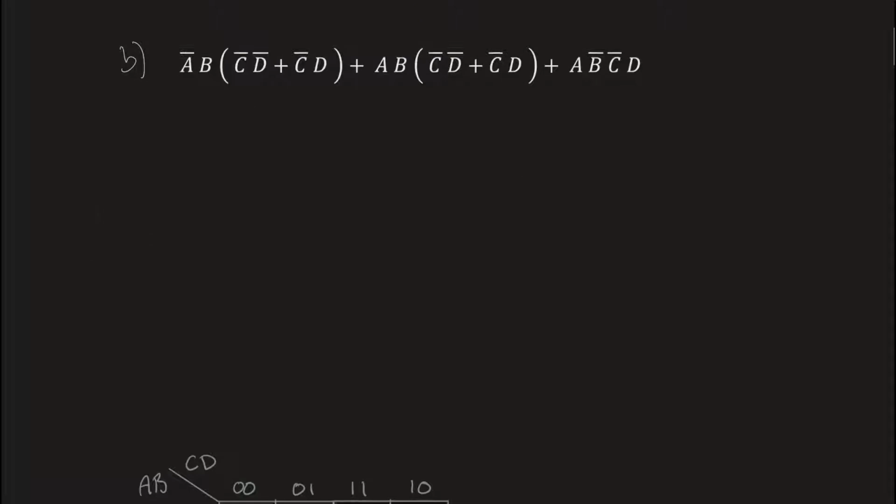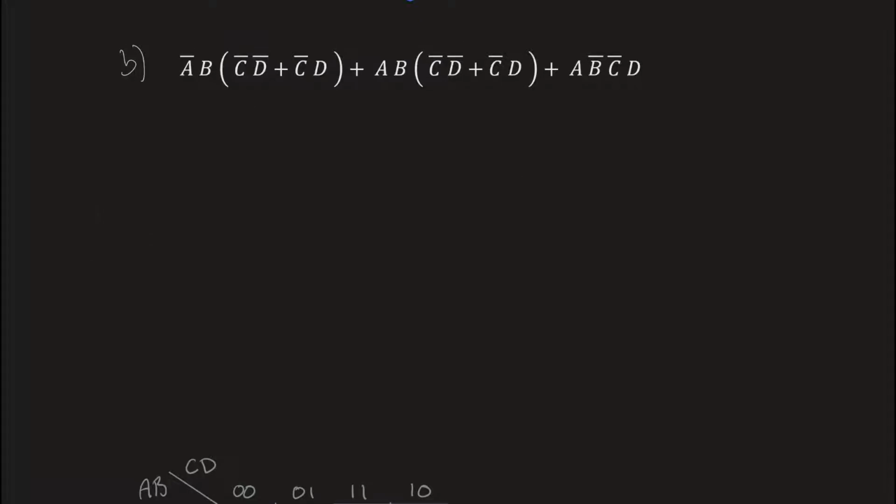Alright, next one. First question, just like before, is De Morgan, but it does not need to be De Morganed. Is it in sum of products? No, it's not. Remember, we need to distribute this because it's not yet in sum of products. So let's do that first.